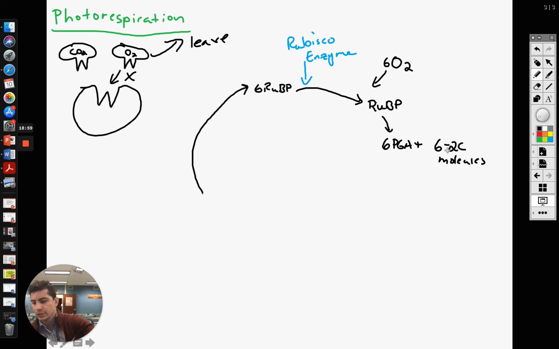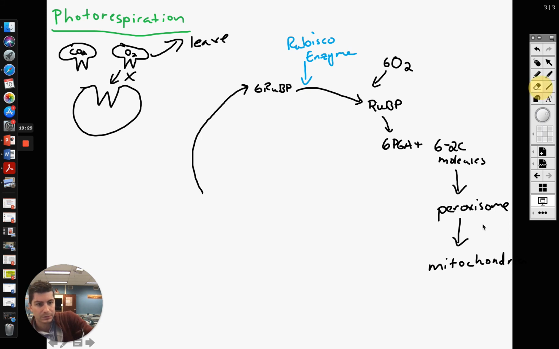What we're going to do is we are going to take these phosphoglycolates to the peroxisome, which is another organelle. And it's going to be changed into something called glycine, where you don't have to worry about these, but the peroxisome is then going to ship it to the mitochondria.